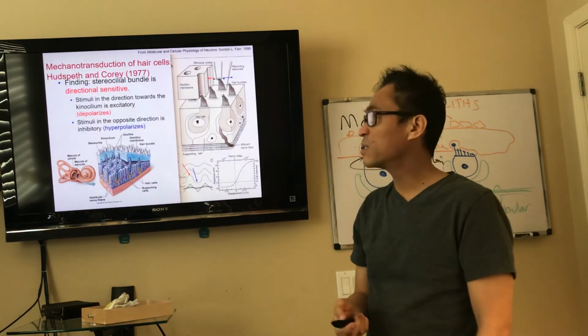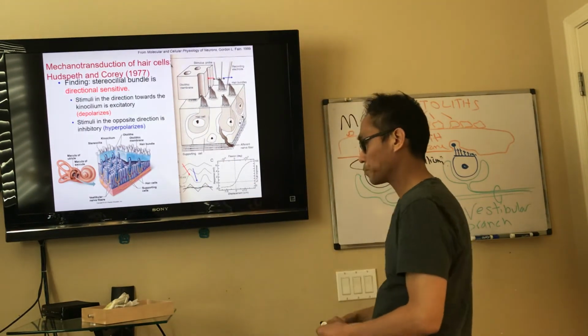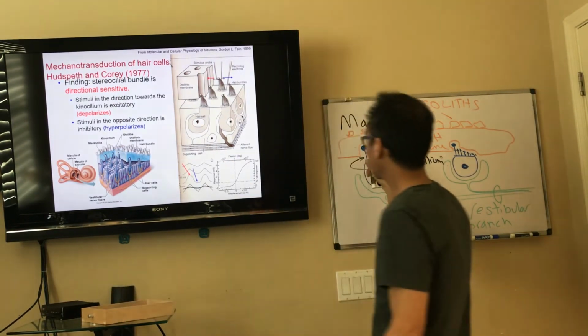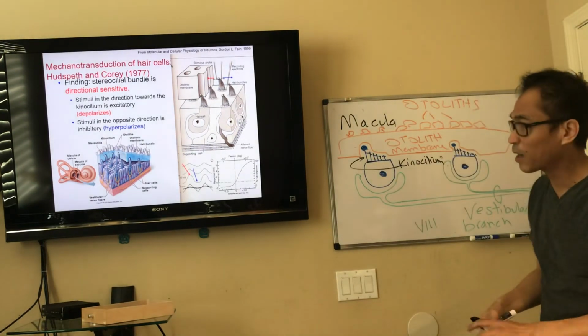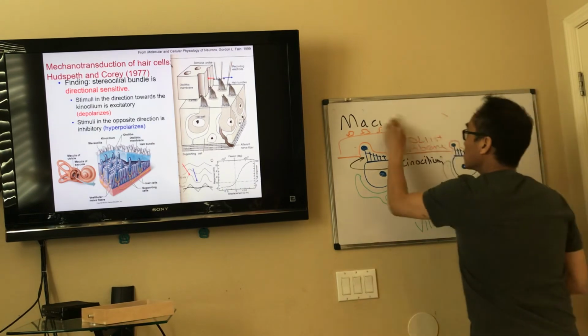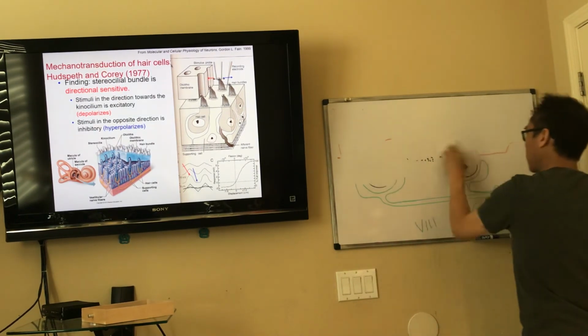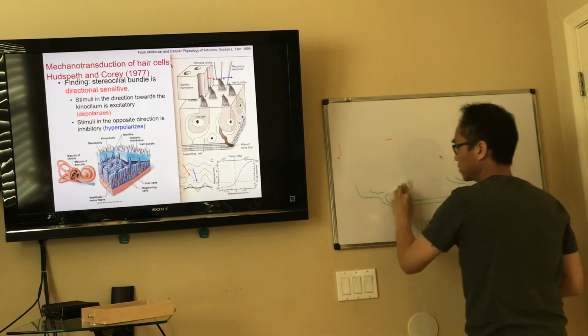In experiments done in the late 70s by Hudspeth and Corey, they used the macula from frog. So know these guys. Hudspeth and Corey, 1977.